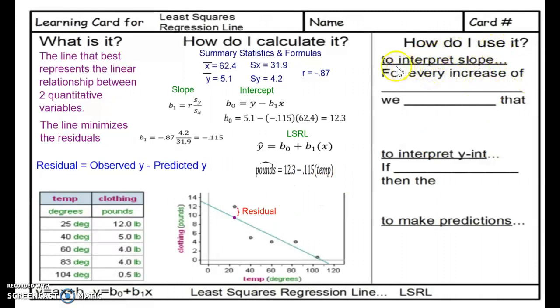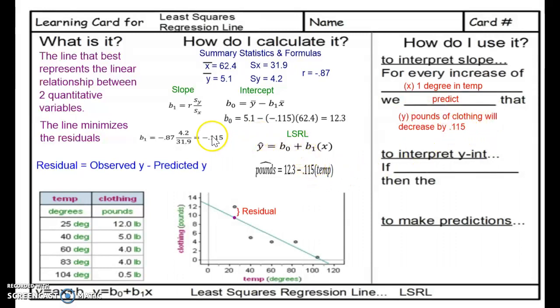Now, how do we use this? Well, one thing that we can do is we can interpret the slope. And when we interpret the slope, in this case, what we would say is something like this. For every increase of 1 degree in temperature, which is our x variable, we predict that y, in other words, our pounds of clothing, will decrease by 0.115.